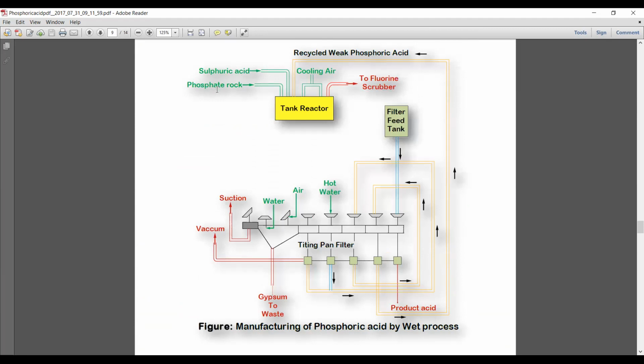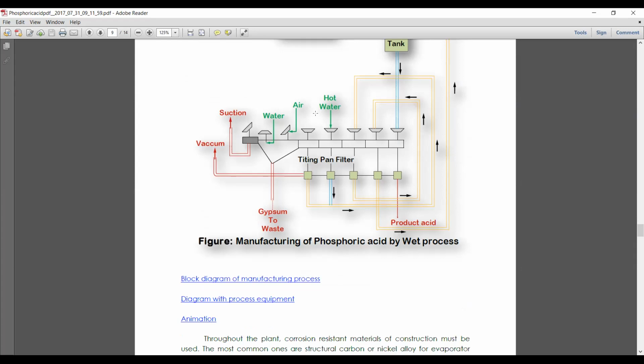First sulfuric acid, then you put the phosphate rock, then you are going to add the recycled weak phosphoric acid from the end stream of this particular process, put them into a tank reactor. Okay, and when you are putting all the processes here, first it is a pre-treatment sort of thing, and then we are giving water, air, hot water at different stages, and with the help of suction you get the phosphoric acid.